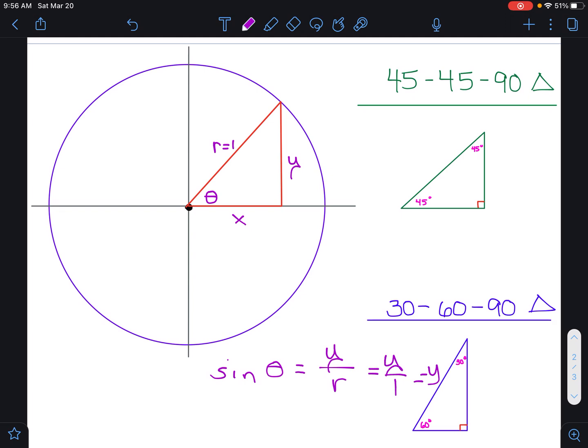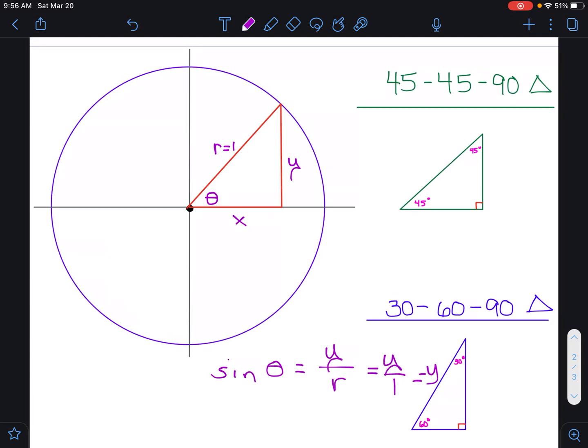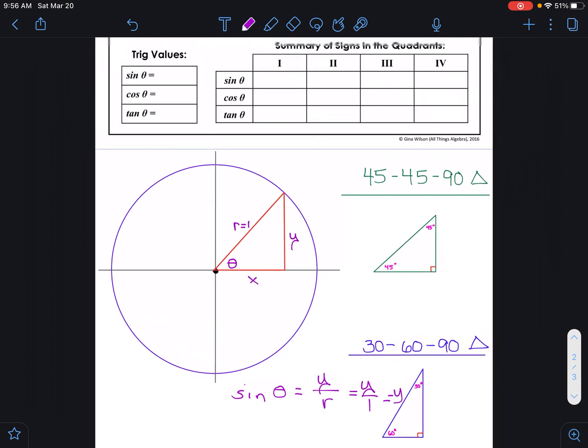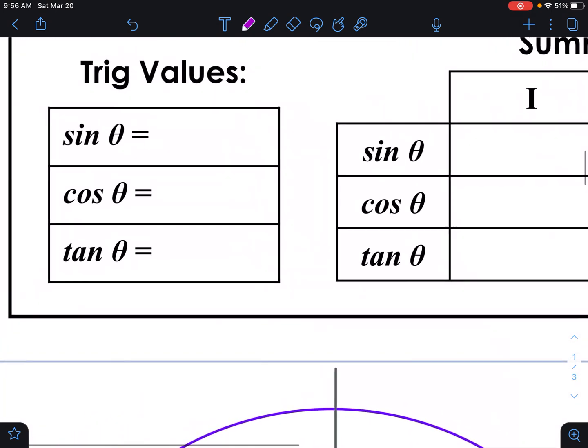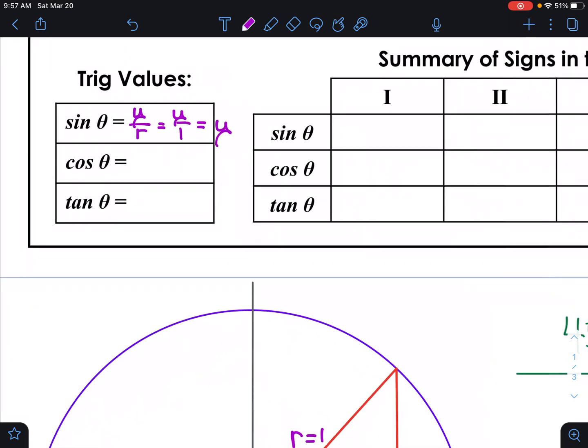So sine of theta is y over r, but in the unit circle, it's y over 1 or just y. So I'm actually going to write that in here, and you should too.